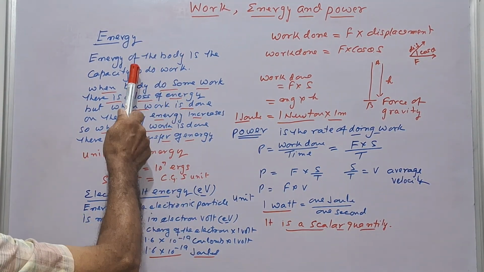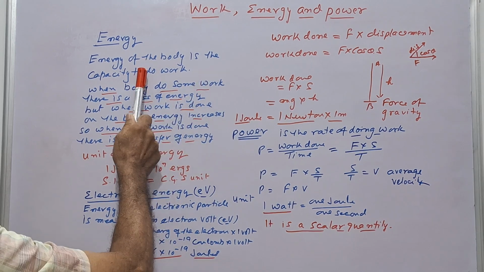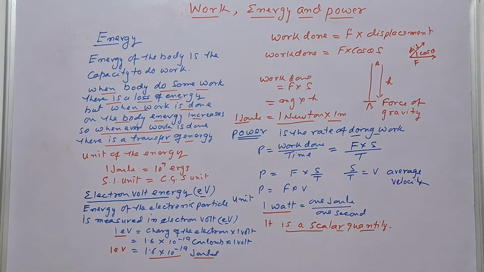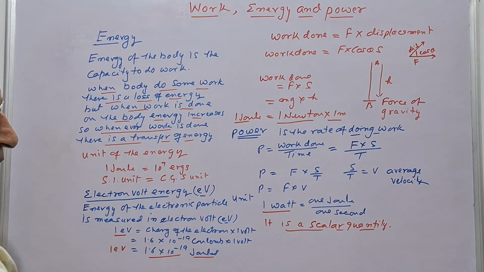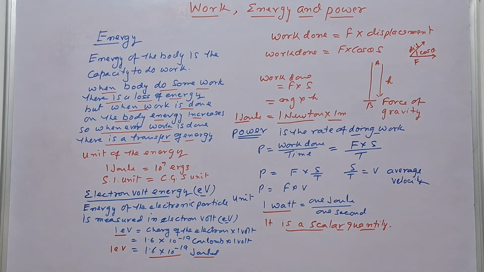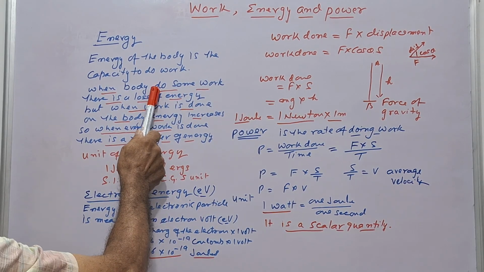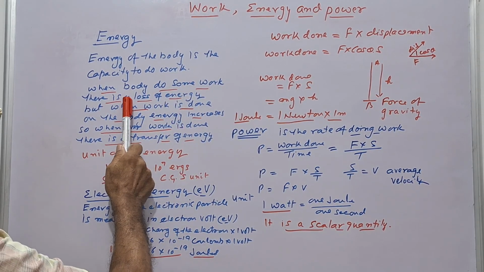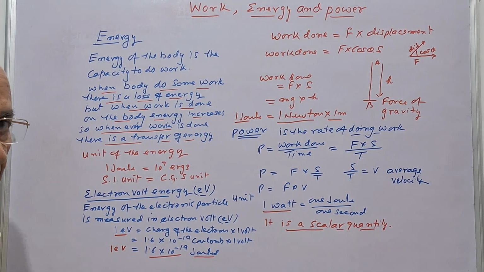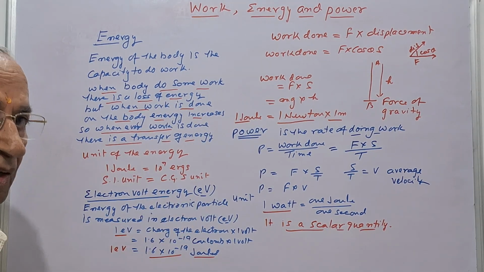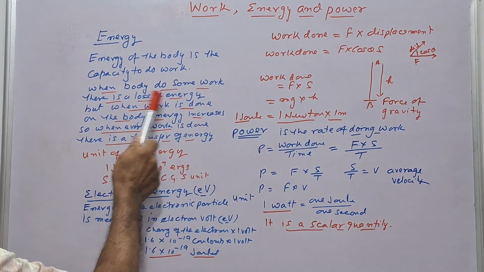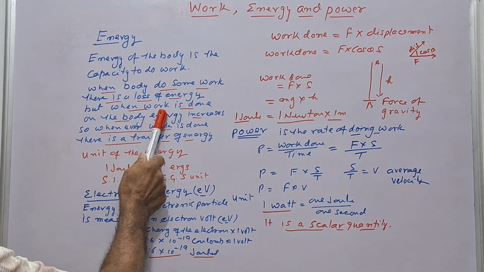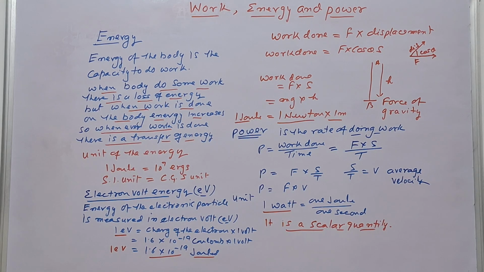Energy of the body is the capacity to do work, how much work a body can do. When the body does some work, there is a loss of energy. But when work is done on the body, energy increases.